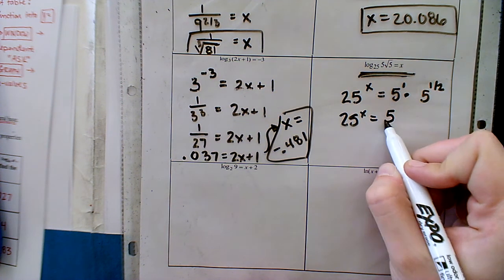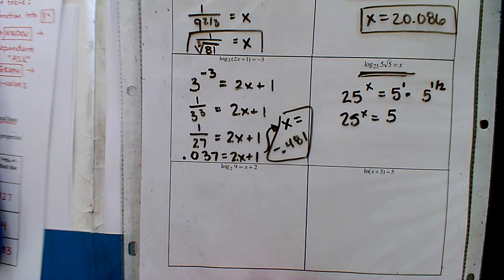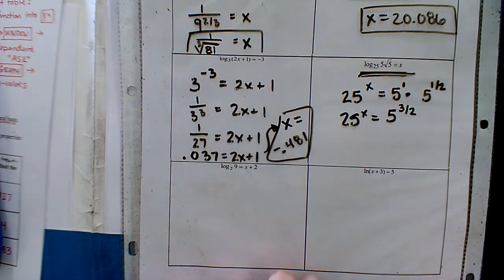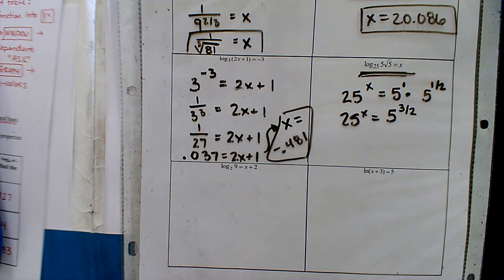Okay, and if I'm multiplying the bases together, what can I do to the powers? Can we visit our properties from last unit? If you multiply the bases, what can you do to the powers? Add them. Okay, so 1 plus 0.5 would be 1.5, or 3/2.